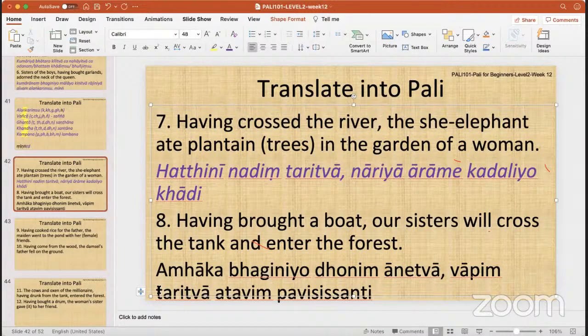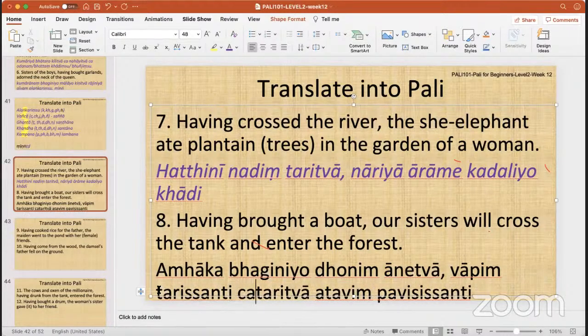Oh, okay. Taritwa ataving pavisissanti. And then we also have to use cha here? Yes. So it will be tarissanti cha, pavisissanti cha.